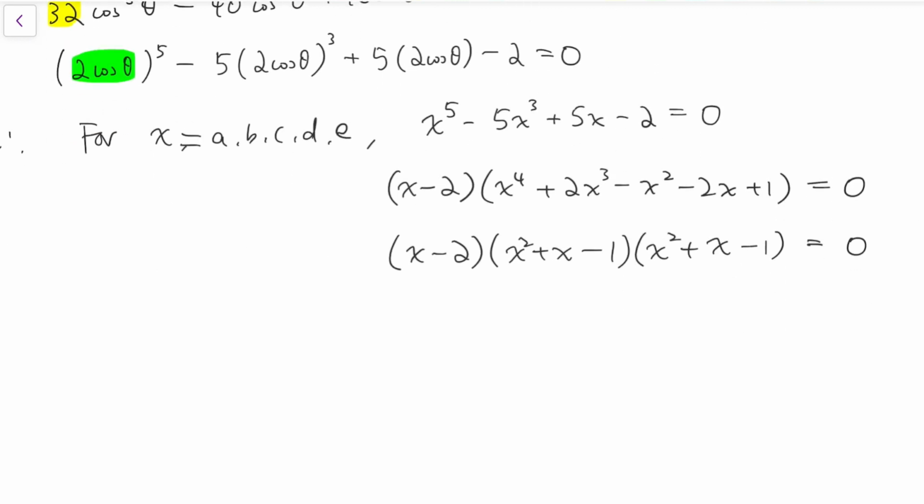So that means x is either 2 or it satisfies this quadratic equation. And by the quadratic formula, we can say that x is equal to minus 1 plus or minus root 5 over 2 as well.